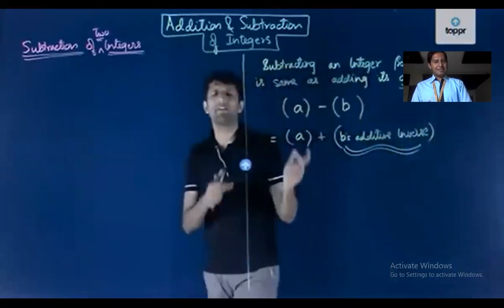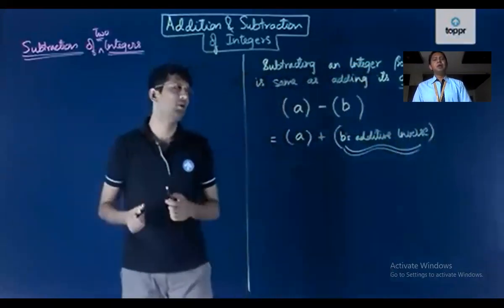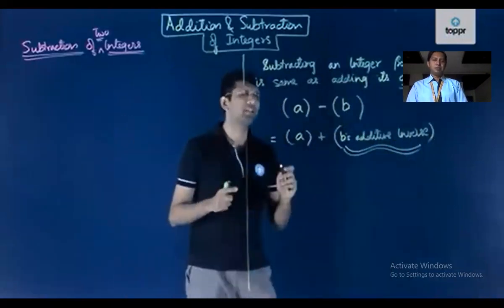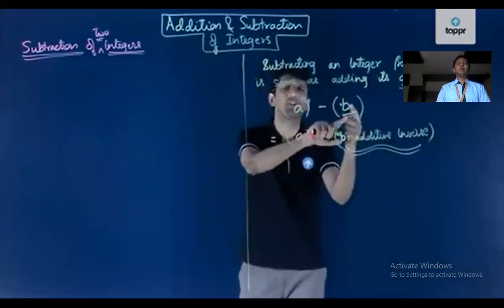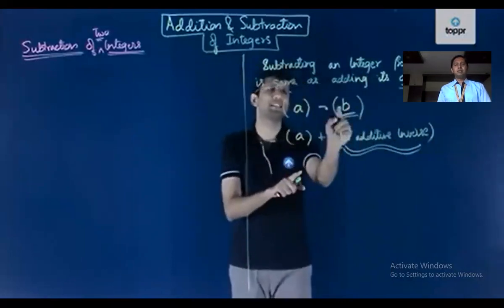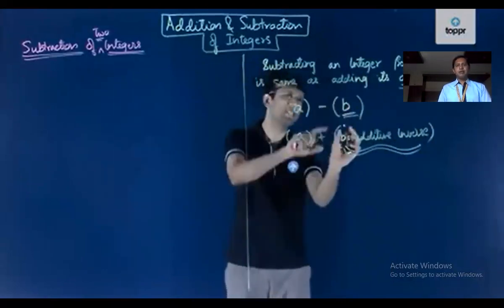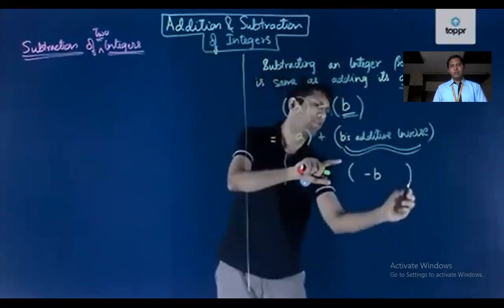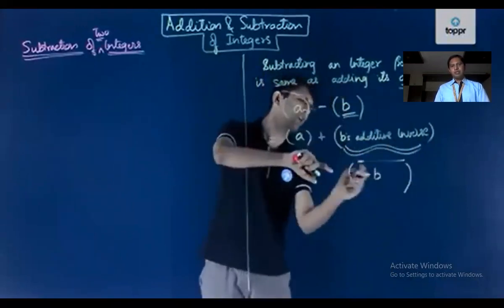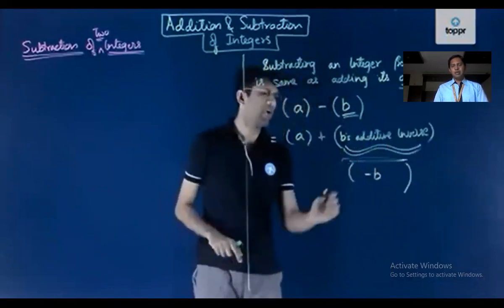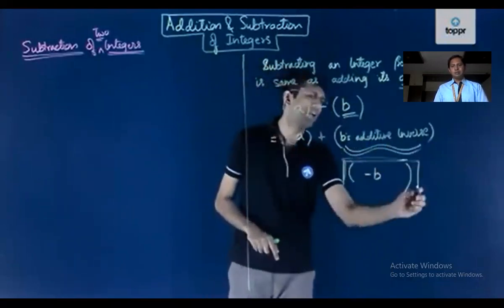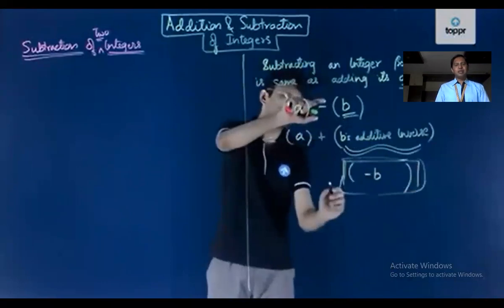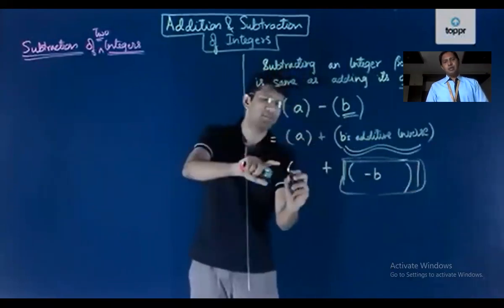So in the next step, b's additive inverse will become minus b, and this next step of this question will become a plus minus b. Let's write it. Minus b, and this plus sign as it is, and a as it is.